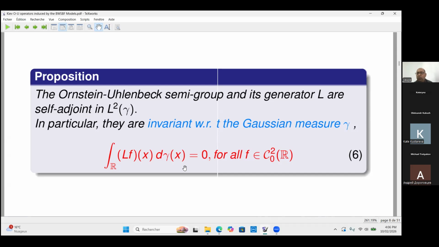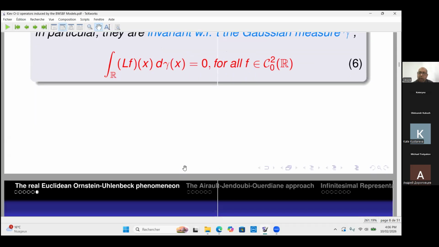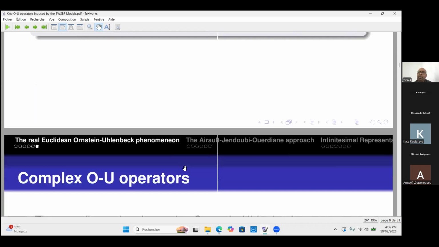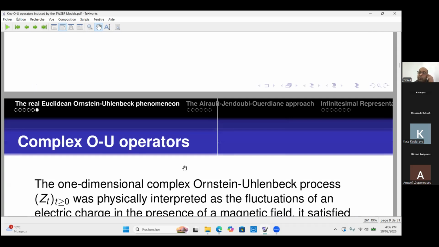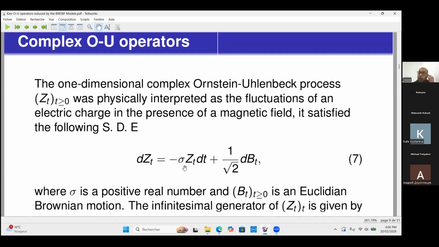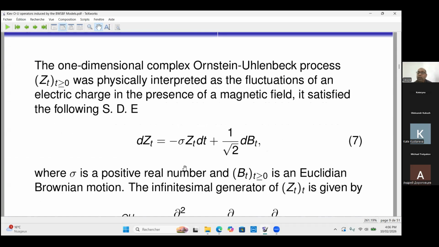Here we shall consider an analog in the complex case, that is in the whole plane C. The one-dimensional complex Ornstein-Uhlenbeck process was physically interpreted as the fluctuation of an electric charge in the presence of a constant magnetic field.